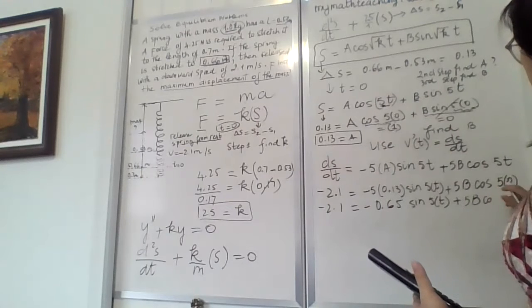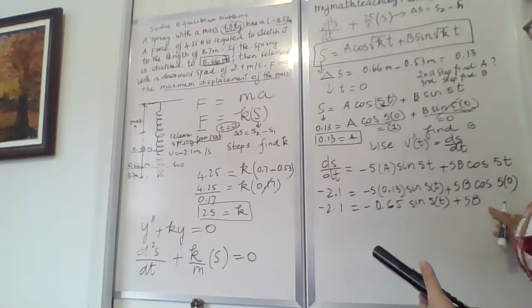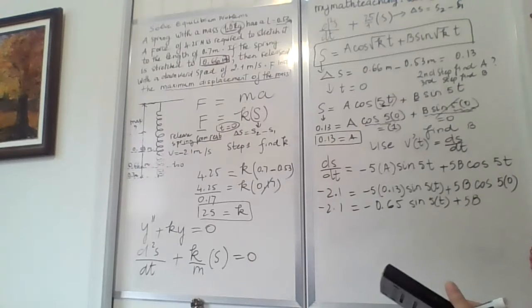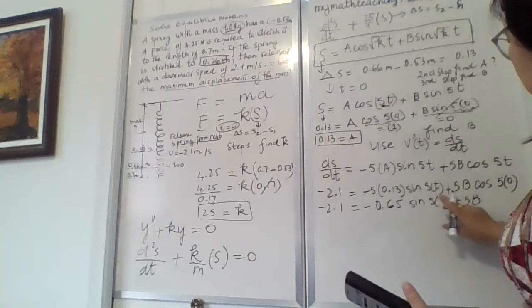Cos of 5 times 0 is just 1. So it's just adding with 5B. And t here should be 0 as well.